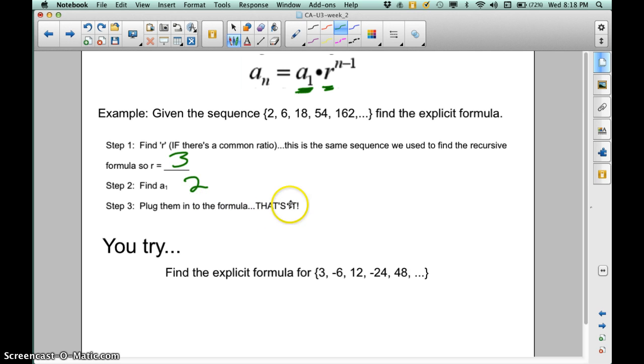And that's it. We plug them into the formula. So A sub n equals 2, the first term, times, and now R is 3, so I'll have 3 to the power of n minus 1. You can put the 3 in parentheses or not. The 3 is the rate. It is the common ratio. Go ahead and pause the video and you try this one on your own now.